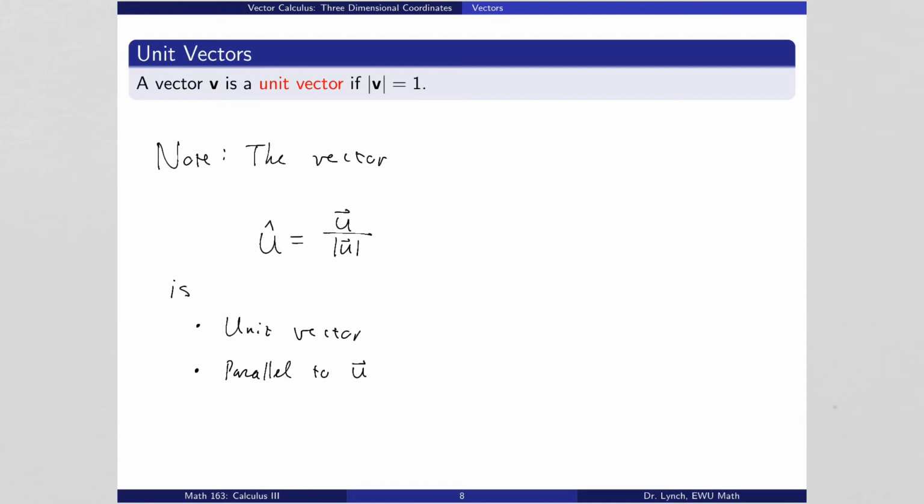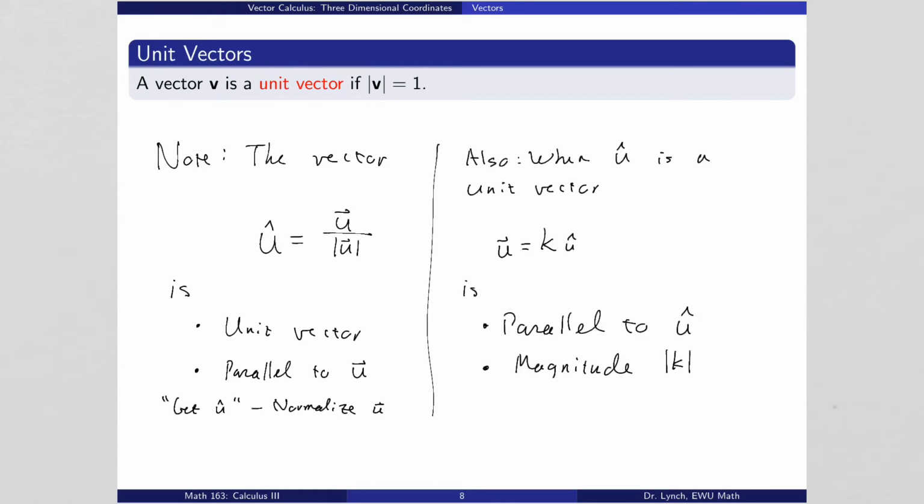So we usually call this process of finding a unit vector parallel to u normalizing u. Also, if u hat is any unit vector and you cook up a new vector and call it k times u hat, that new vector is always parallel to u hat, and it has magnitude given by the absolute value of k.